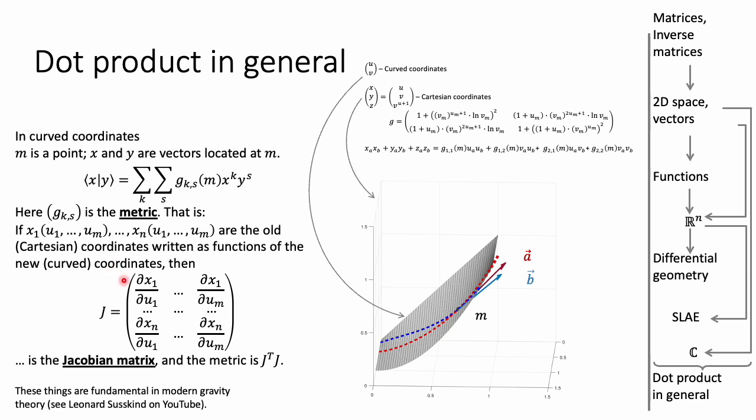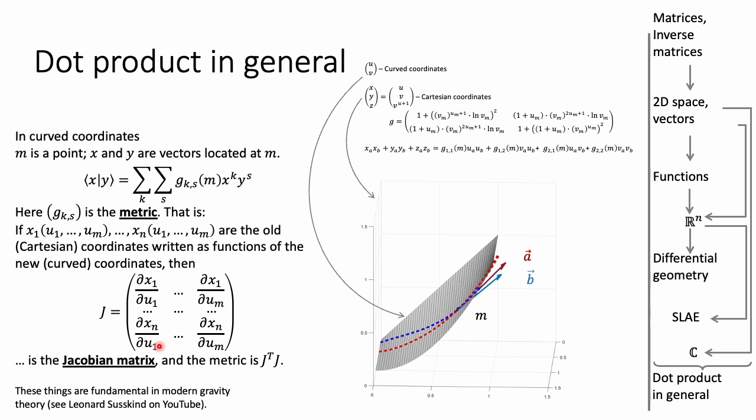Let's compute the matrix of the first derivatives of these functions. The derivative of old, straight coordinates with respect to the new curved coordinates. This matrix is called a Jacobian matrix.